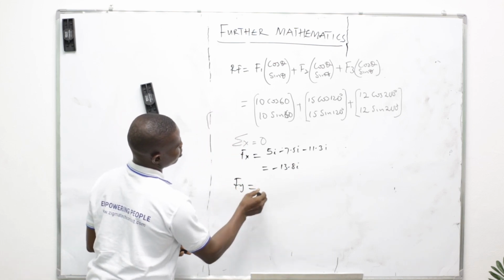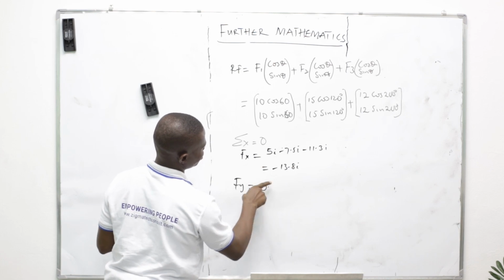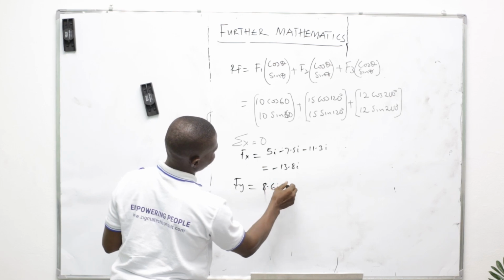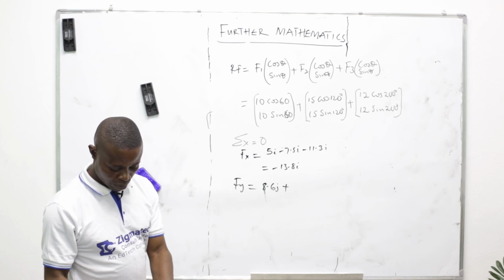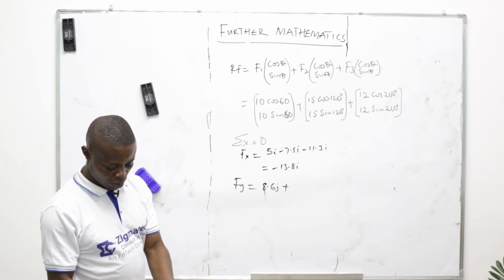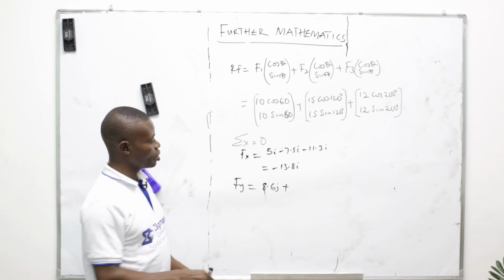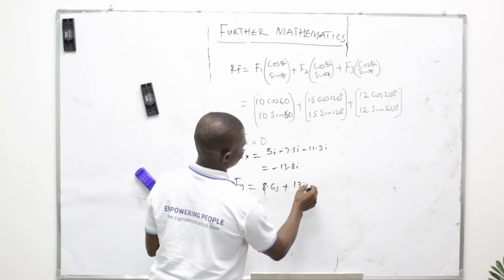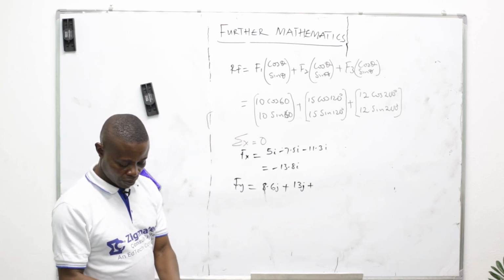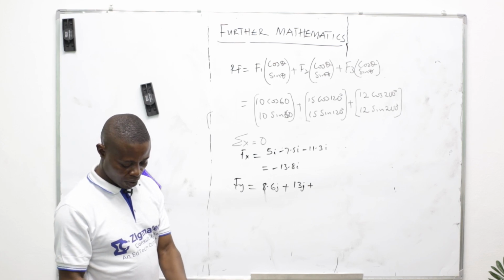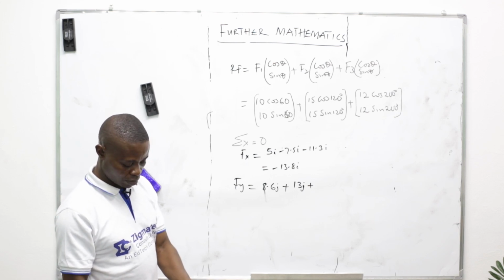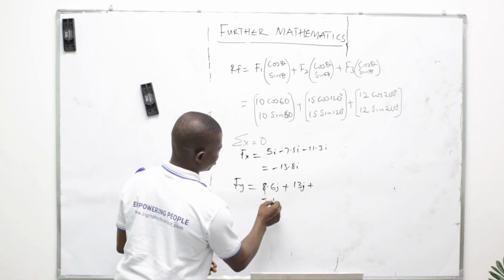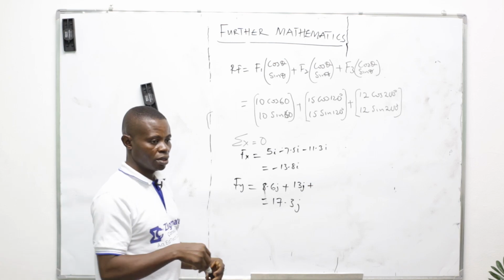So F of y, 10 sin 60 means 8.6j, plus sin 120, that's 13j, plus sin 200 times 12, plus 13 plus 8.6 equals 17.3j.